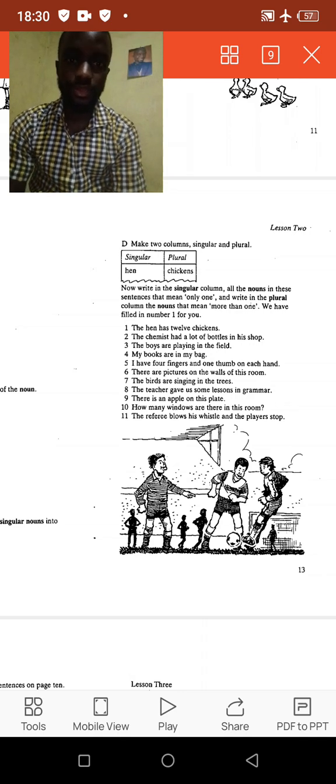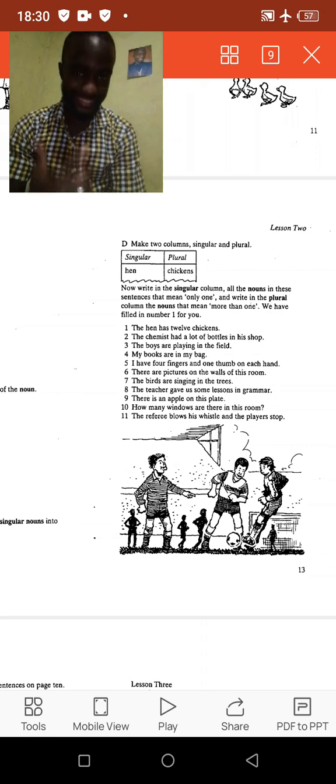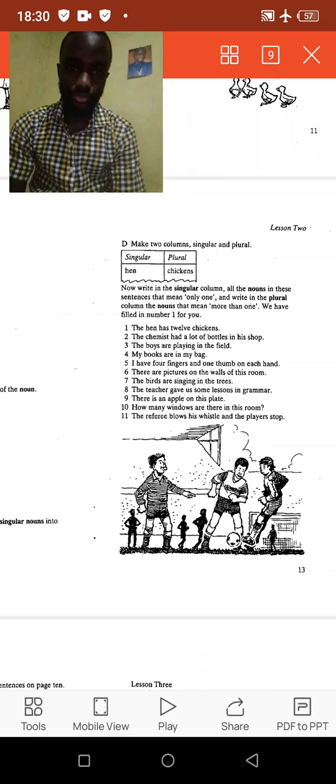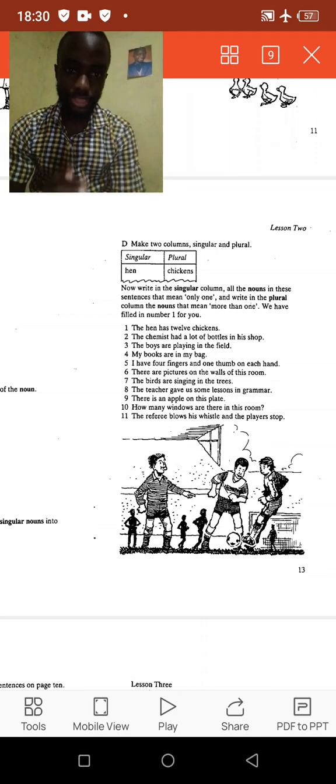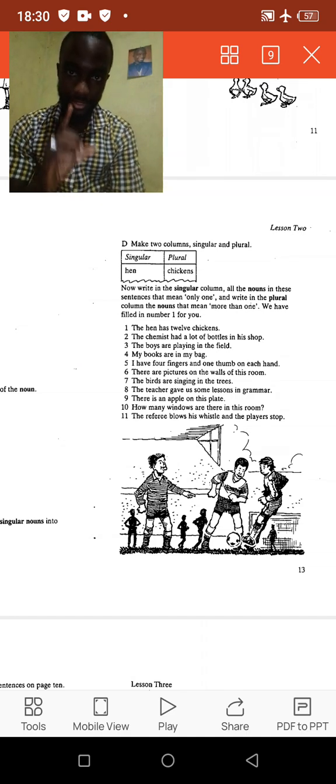And the other one is put right at the plural column. We say chickens. I hope you know what I mean there. Okay? So the chemist, number 2, had a lot of bottles in his shop. The chemist is a singular noun. We put it on the singular column.